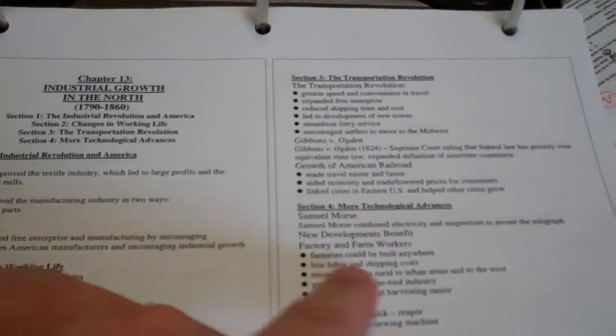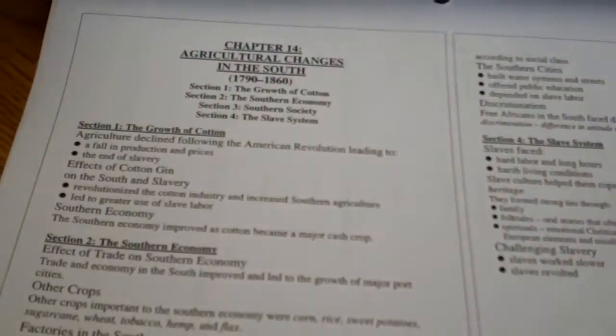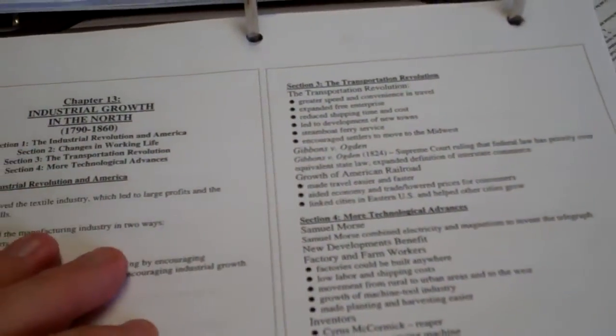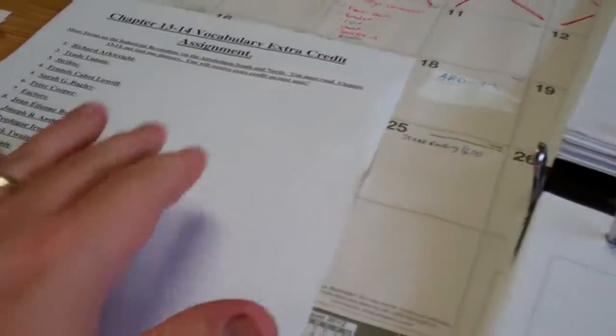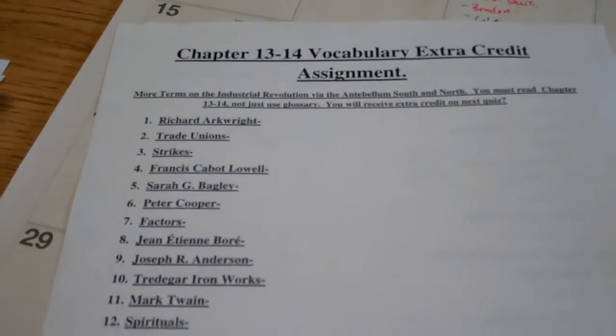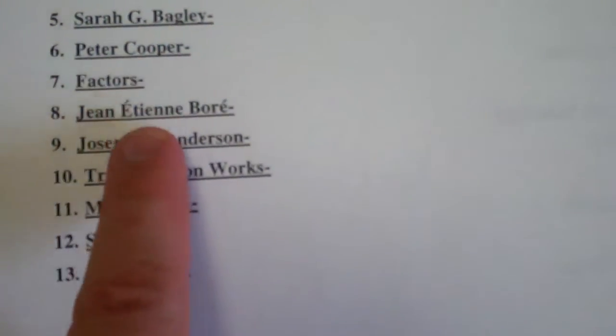Okay, I have here chapter 13 and 14 notes that we did real quick. Let me get my documents out here, sorry. After we did building background knowledge on vocabulary, these are very important terms that we had to discuss when we went through the North and the South.